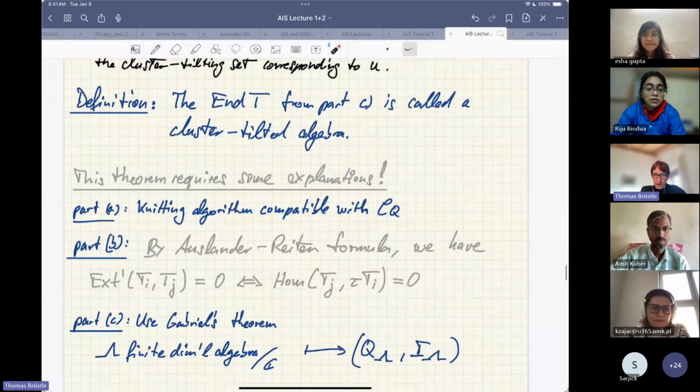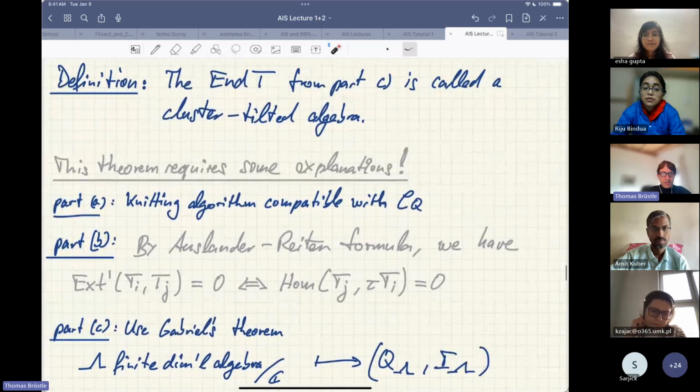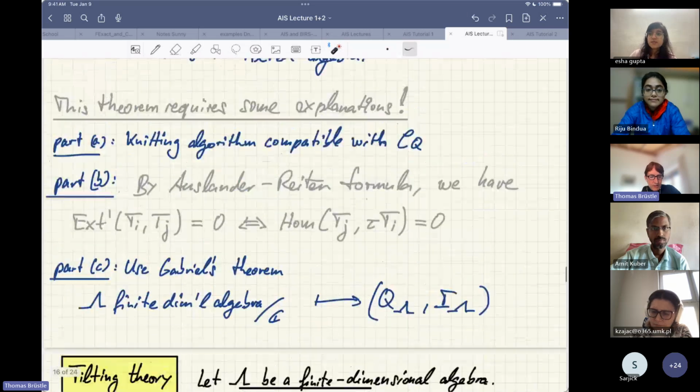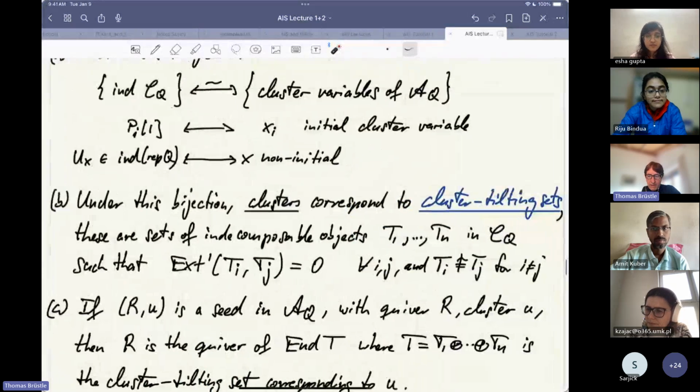This is the main result that people came up with, and I want to do a couple of things before I go into cluster tilting theory. I wanted to quickly talk about tilting theory. Let's go back to the basics. Then I want to illustrate all these results by some examples.